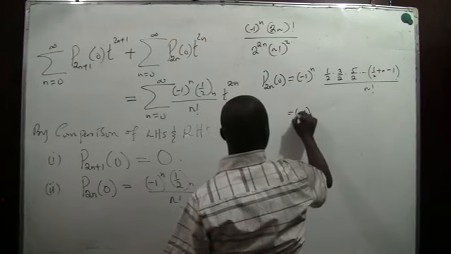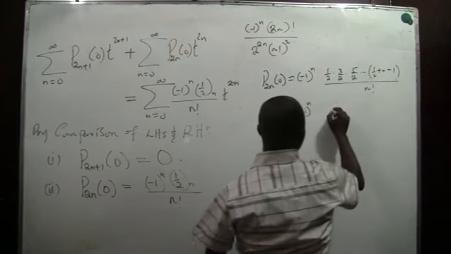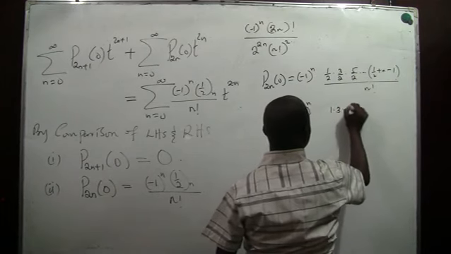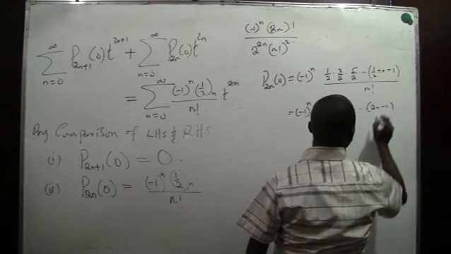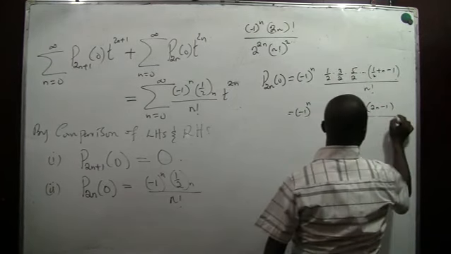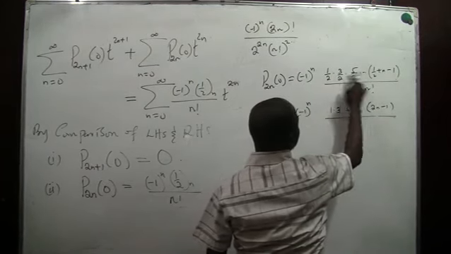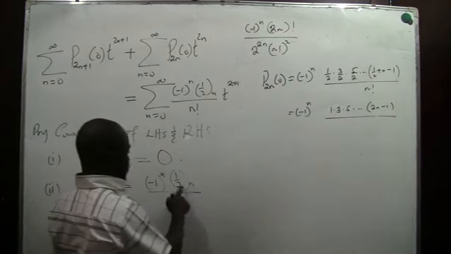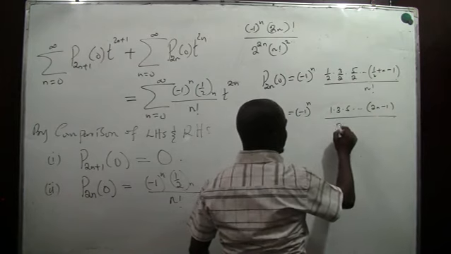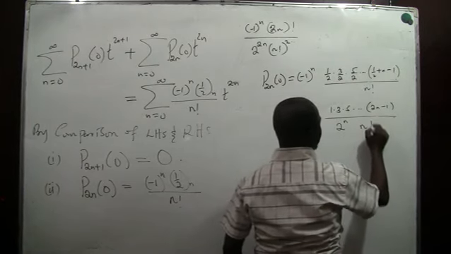That gives (-1)^n. At numerator we have 1 times 3 times 5 up to 2n minus 1. At denominator we have 2 in n places, and that gives us 2 raised to the power n. Then I have n factorial.